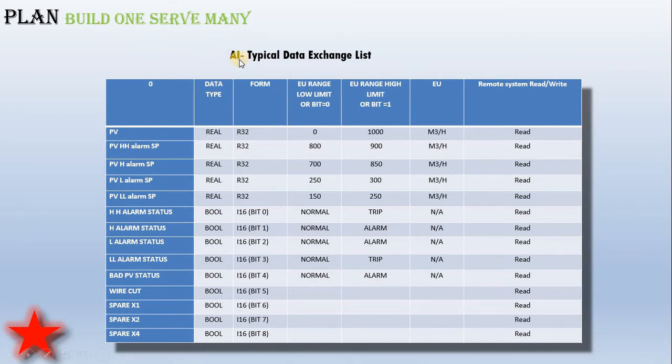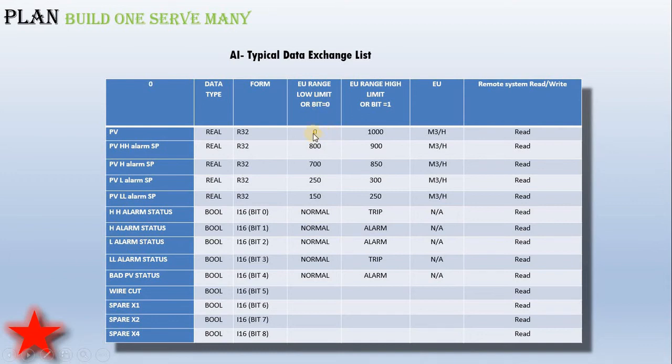Let's say for analog input data exchange, the first thing you will send is the variable itself. Then you say, okay, it's a real value. Maybe it's an integer. How many bits? You can look at the two systems and what data you're transferring, and it's better to put it here in your table.